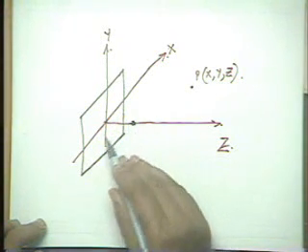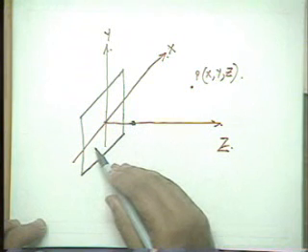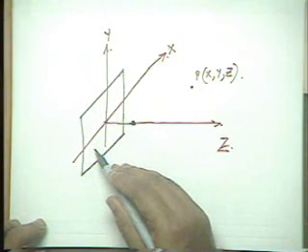The point where that line intersects with the imaging plane will give us the position of that particular point as seen on the image.